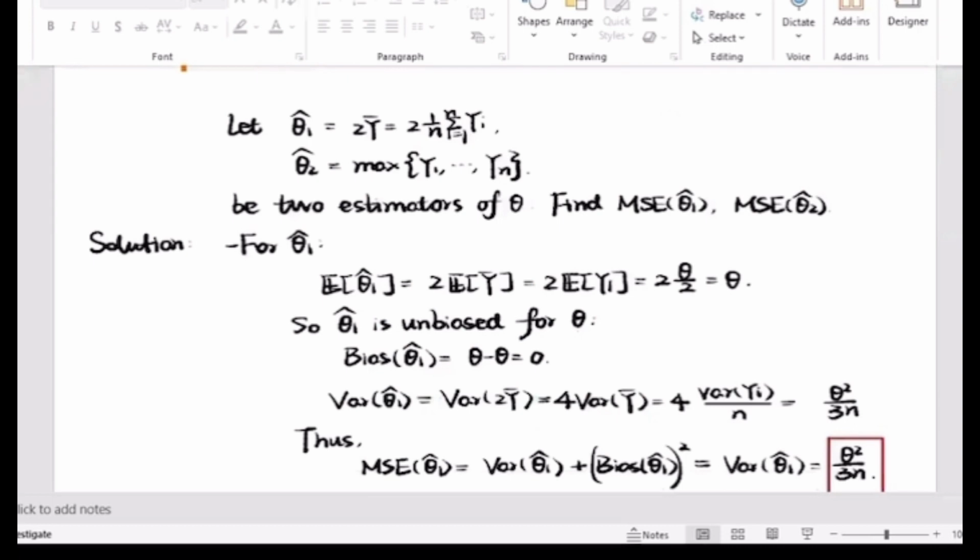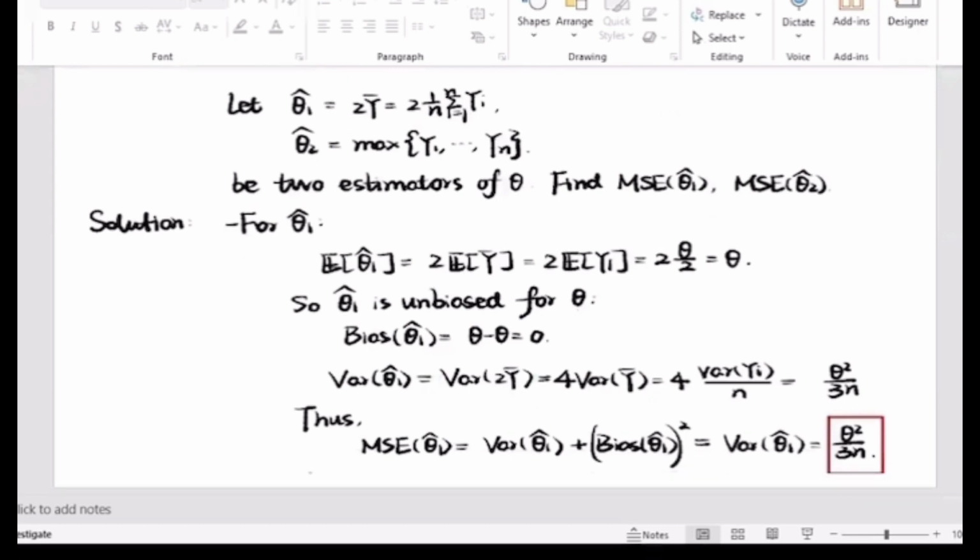Now, if I ask you to find the mean square error of an unbiased estimator, I'm just wasting your time. Take a look at that. Because for the unbiased estimator, the mean square error is going to be the same as the variance. That's just wasting your time because the bias is going to be zero. You're still going to have that.